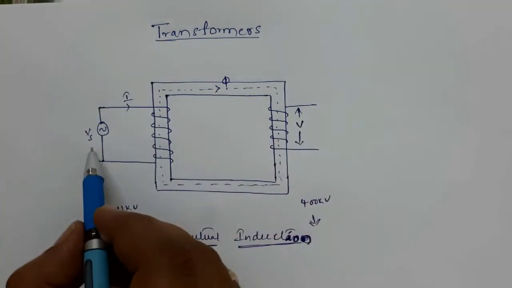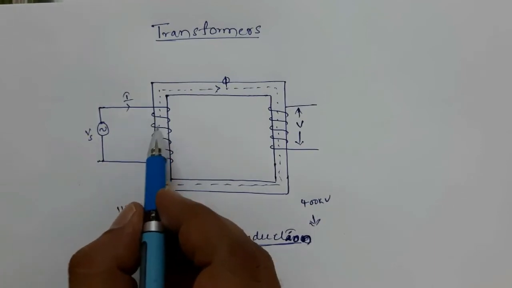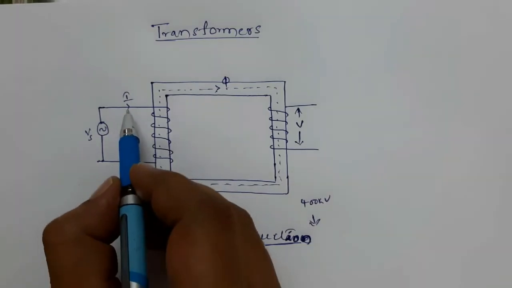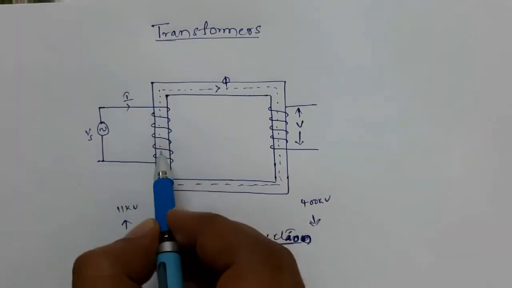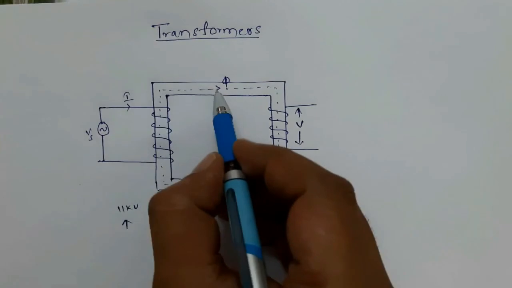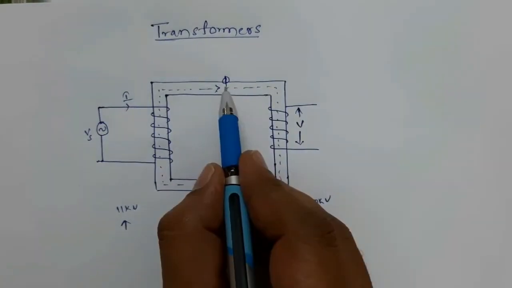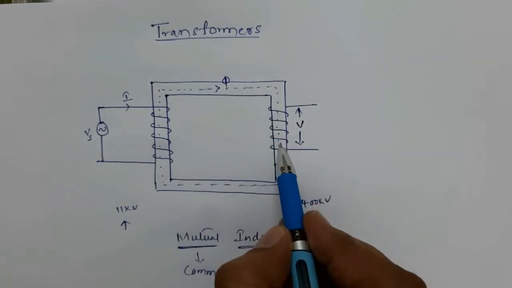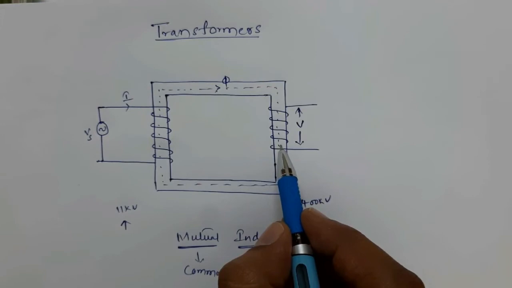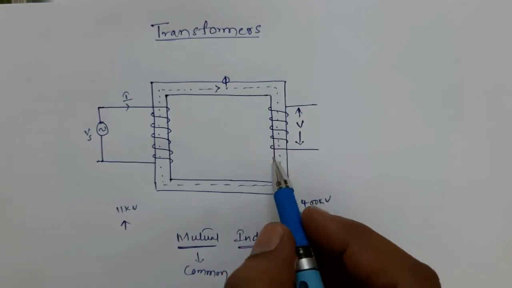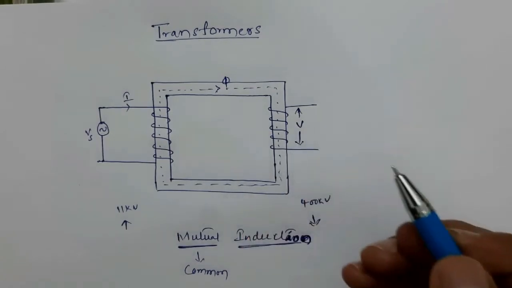Alternating flux links with the other circuit of the transformer, then EMF is induced in this other circuit. The induced voltage is V.